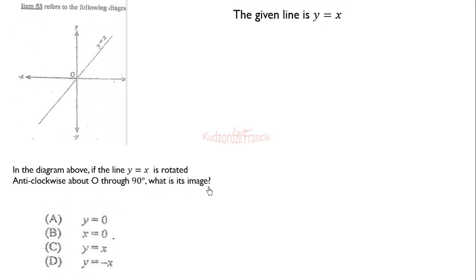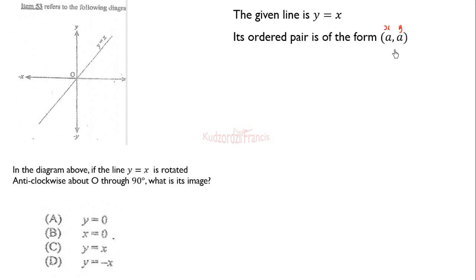We know that the given line is y equals x, which is our object, and another point that can lie on this line y equals x is a. That is, y is equal to a, and x is also equal to a. So you can see that y is equal to x.